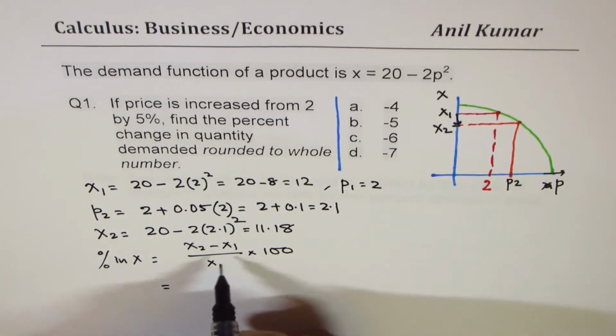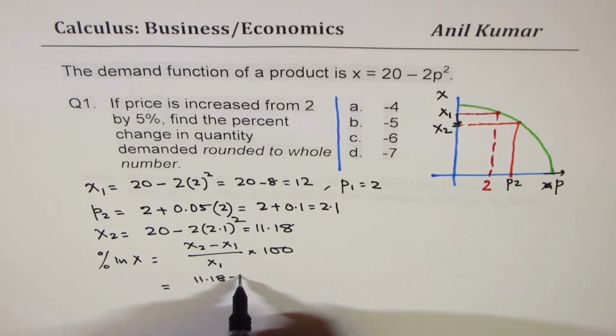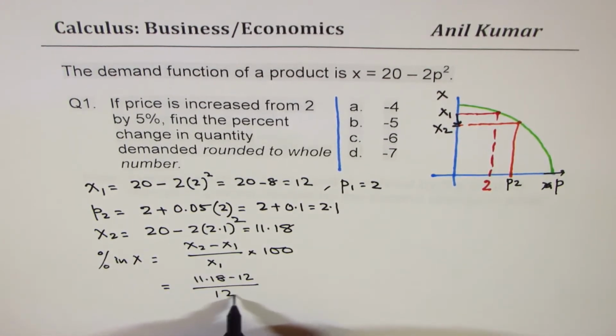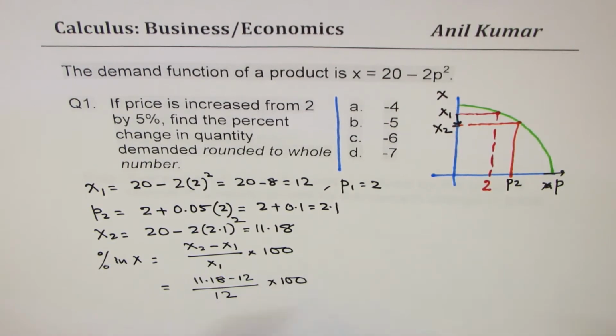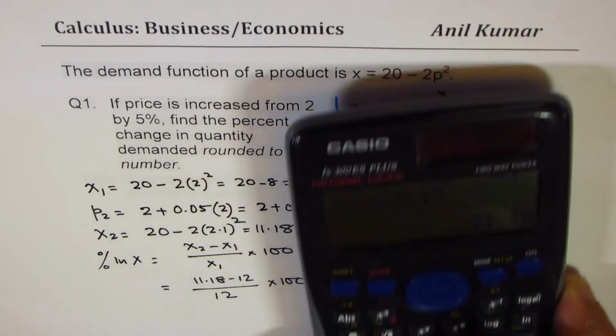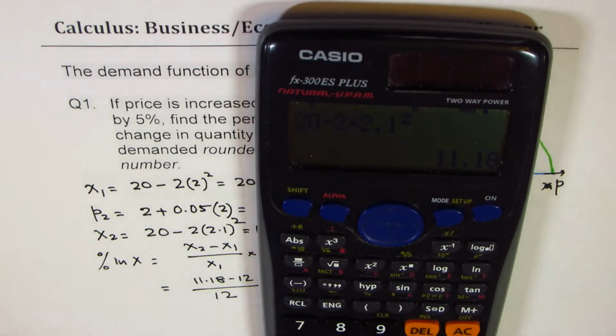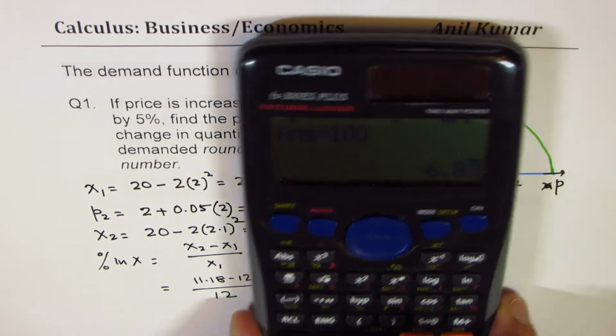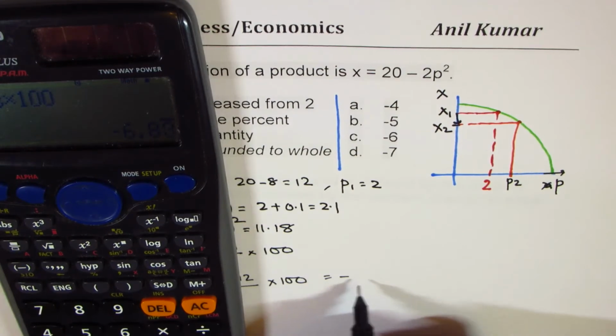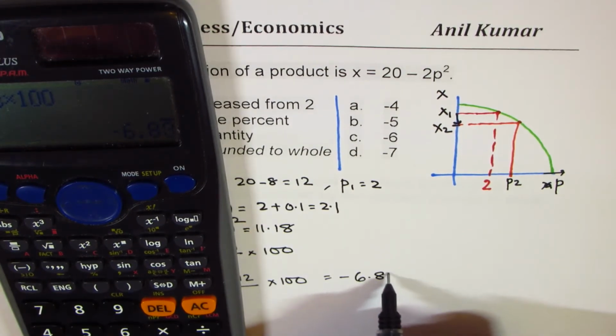Let's calculate this: 11.18 minus 12, divided by 12, times 100 equals, in decimals, minus 6.83, right?